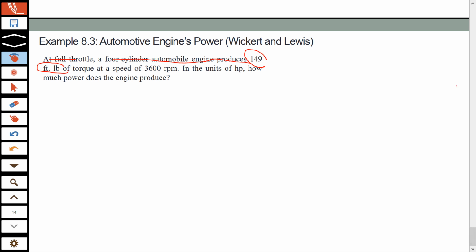Okay, so you have the magnitude of torque, which is 149 foot-pound, and this happens at a speed of 3600 rpm.